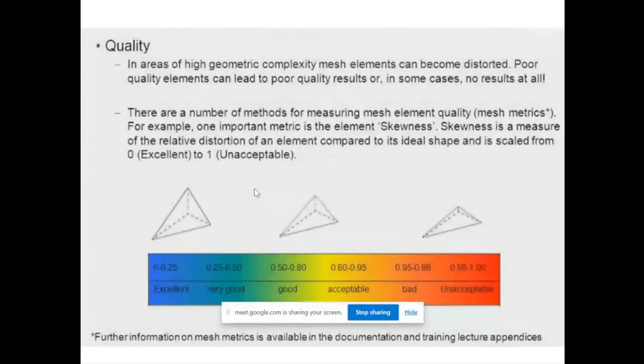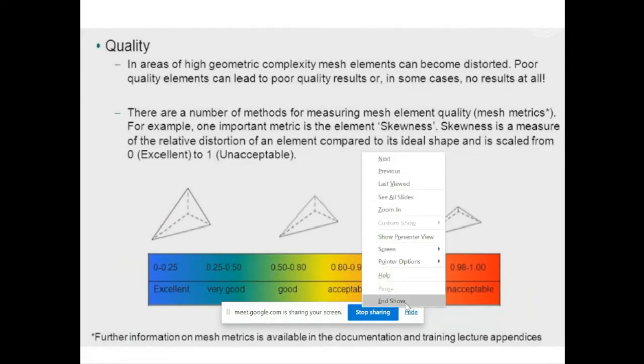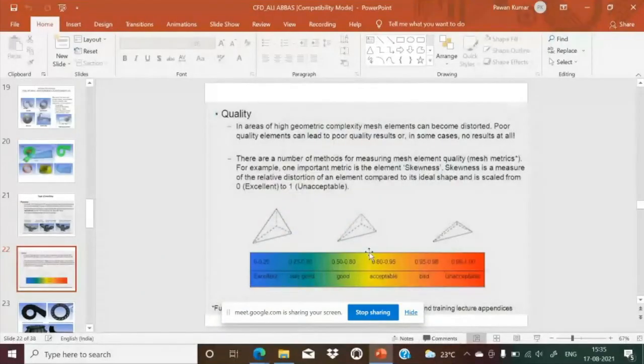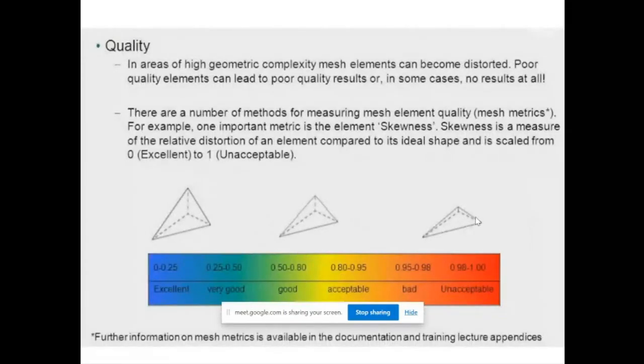This quality you can see, different kinds of quality. I hope that it is visible to you. Yes, sir.